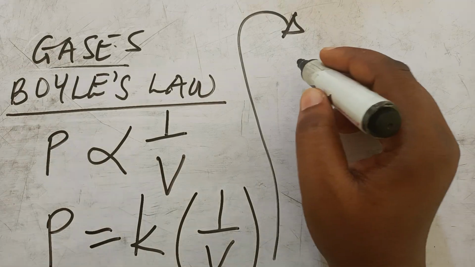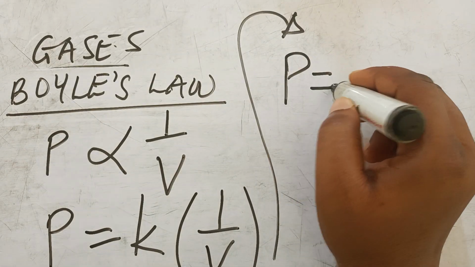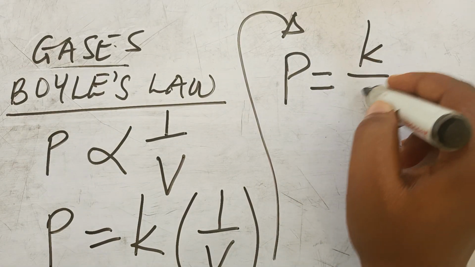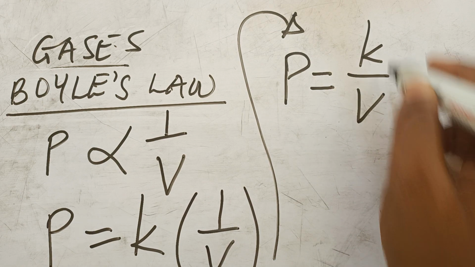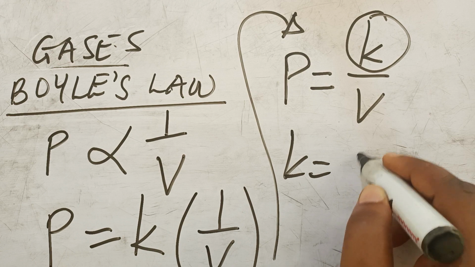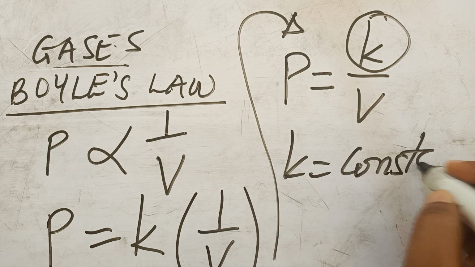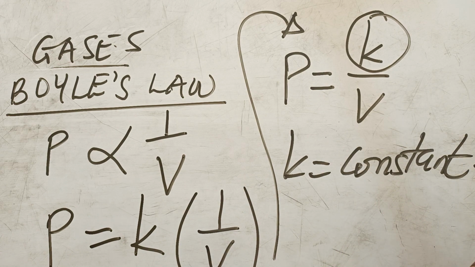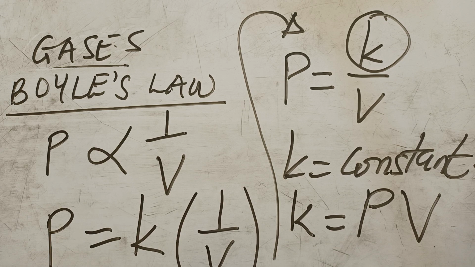So pressure is equal to K over volume, and this K is our constant. So the constant is equal to the product of the pressure and the volume of the gas. This is basically Boyle's law.